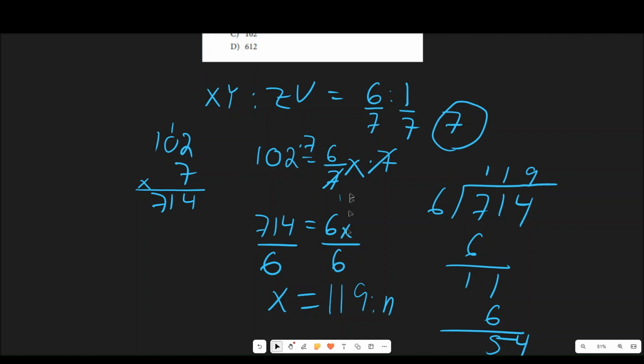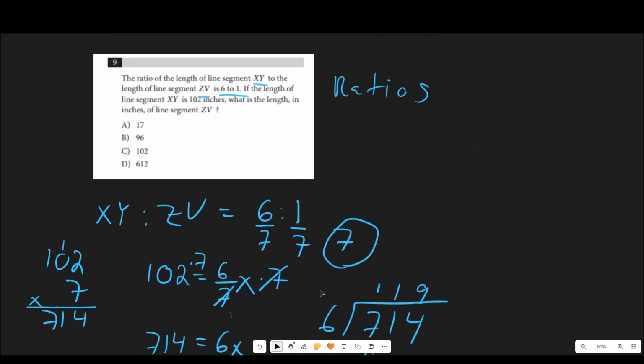Now that we know the whole amount, we can easily find what is 1/7 of that. So we take our answer, which is 119, and multiply it by 1/7, which is the same as 119 over 7.